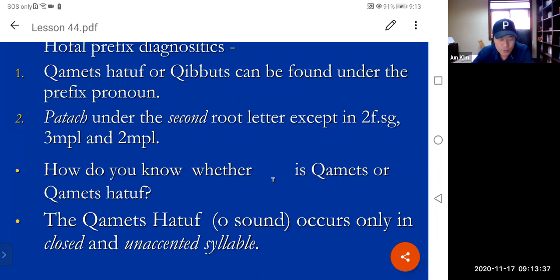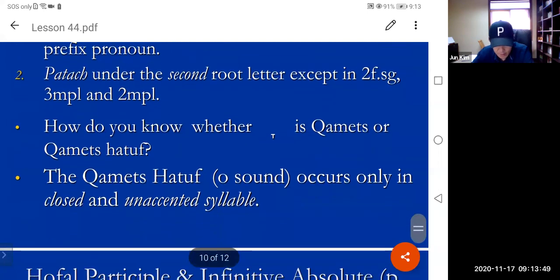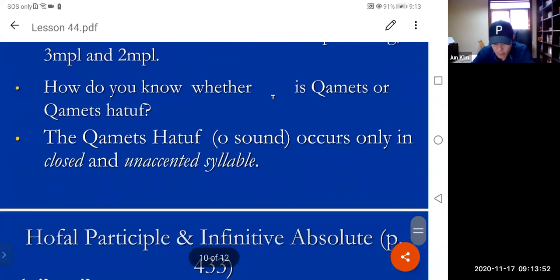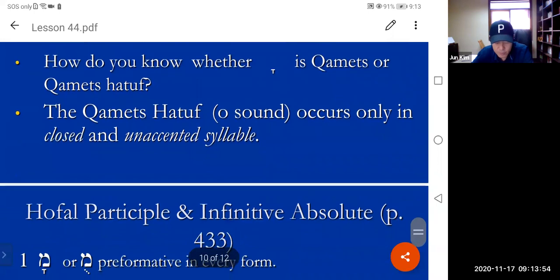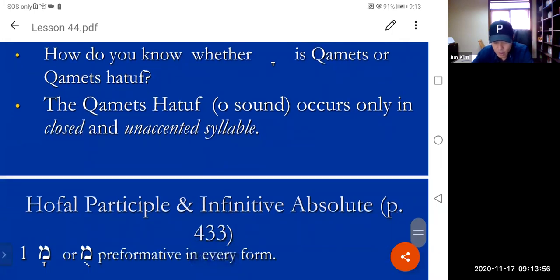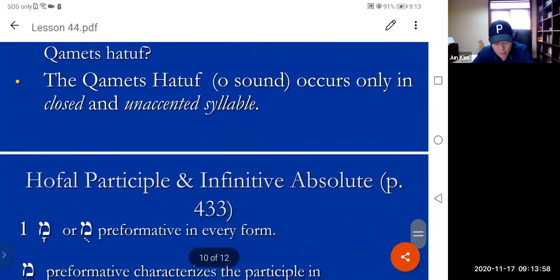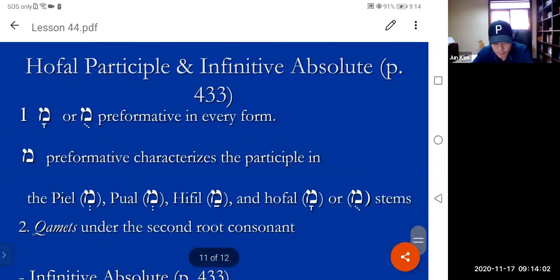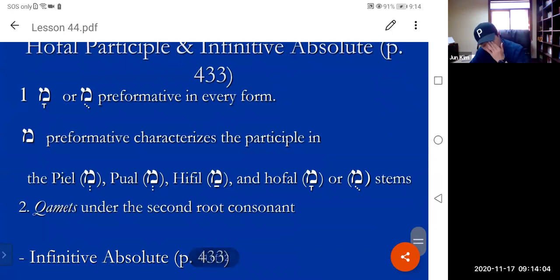And you need to go to your verb chart and make sure all the secondary vowel points are identical. So that's it. How do you know whether qamets is qamets or qamets hatuf? The qamets hatuf occurs only in a closed and unaccented syllable. Hophal participle, infinitive absolute, everything is there. So we have covered this one.